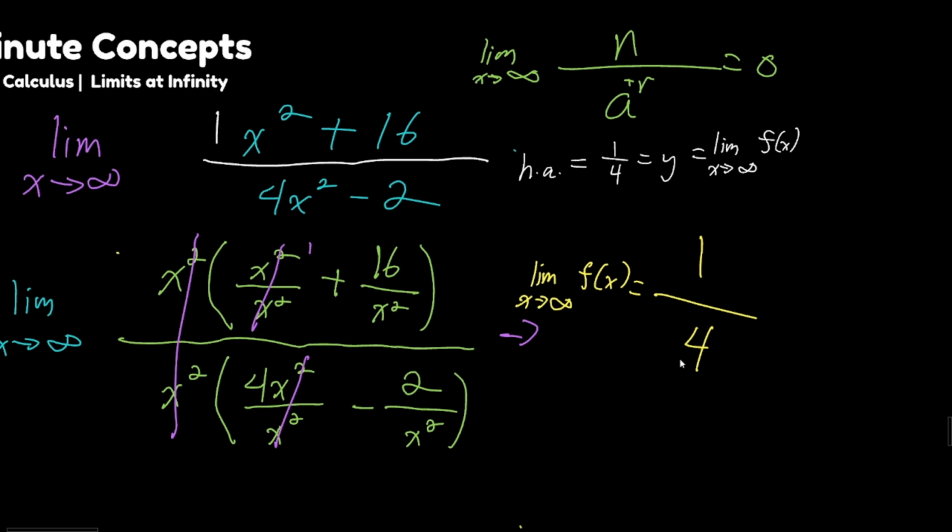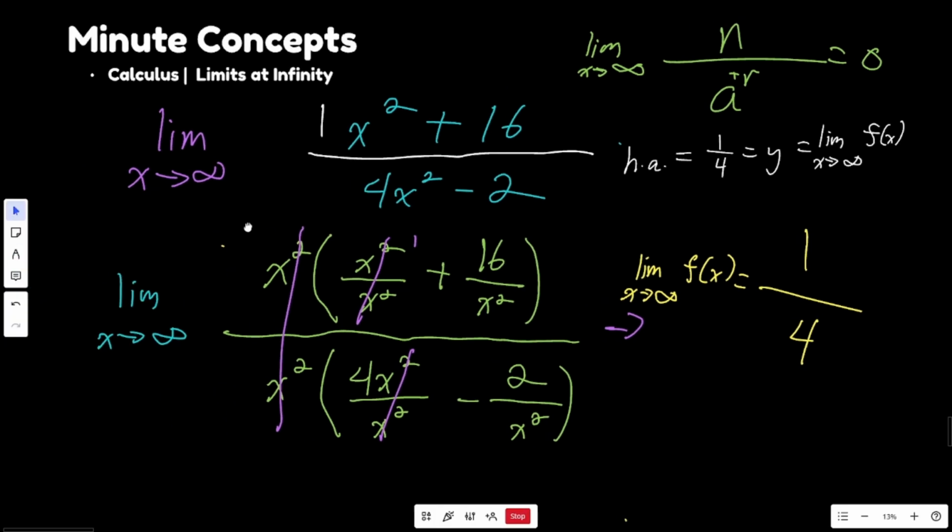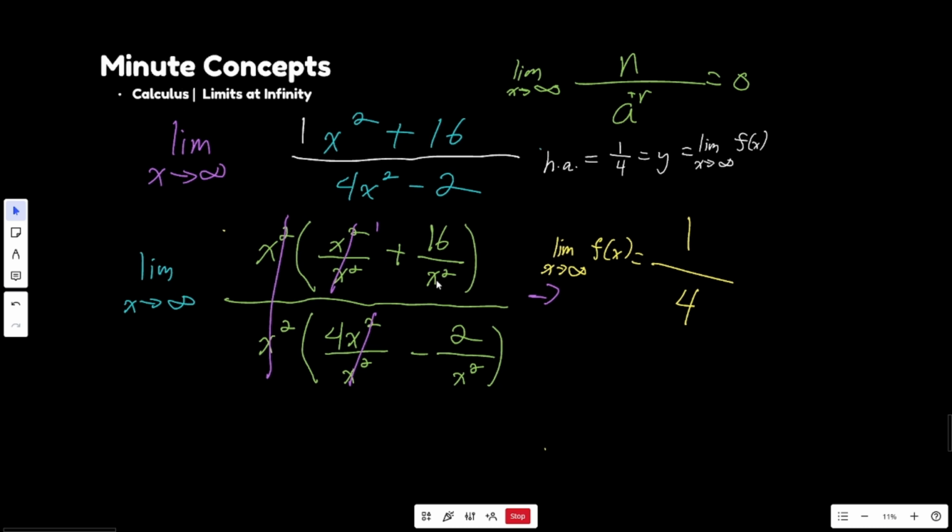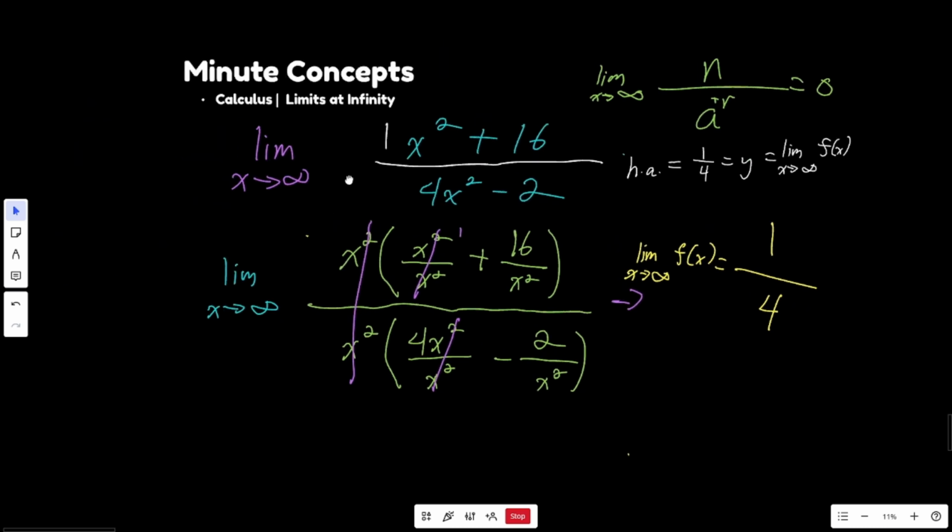So, let's try another example. This time, a bit trickier, particularly because we now have a square root, or really any radical. The most common that you'll experience in high school is the square root type of function. So let's try another one.